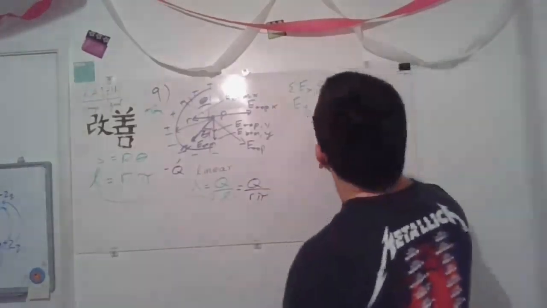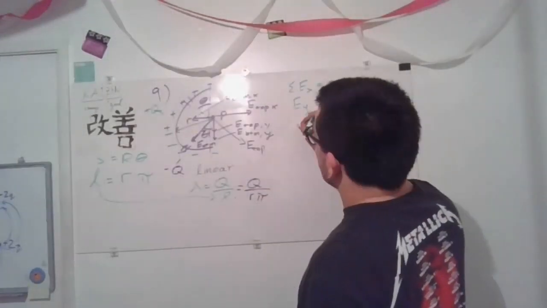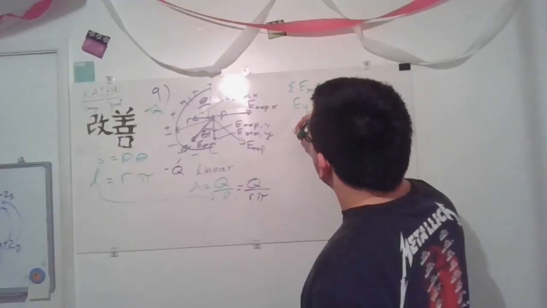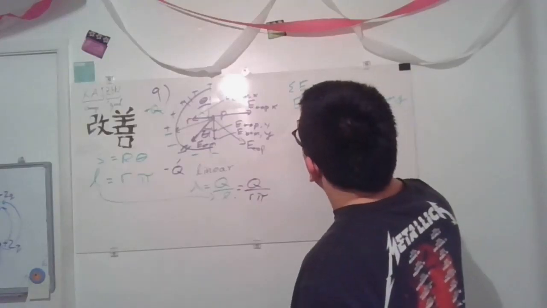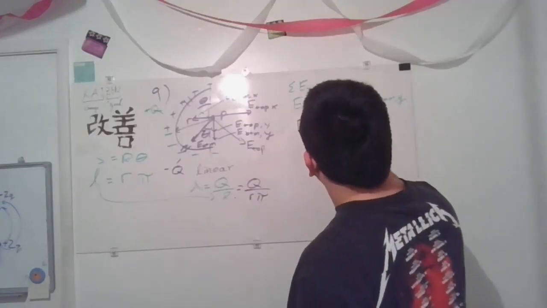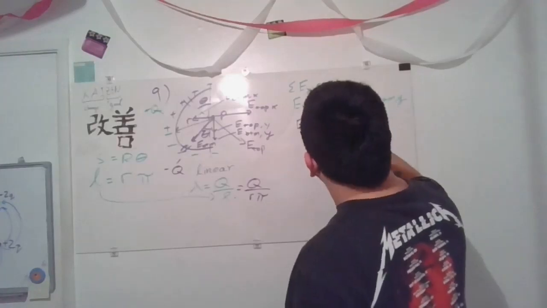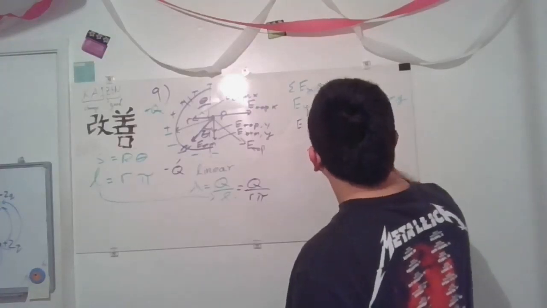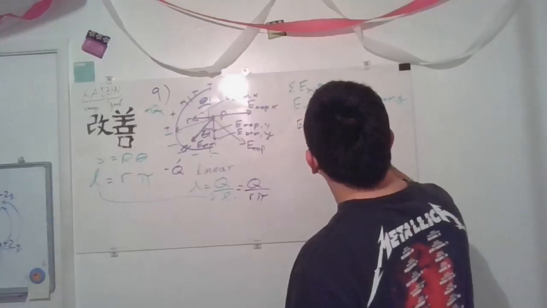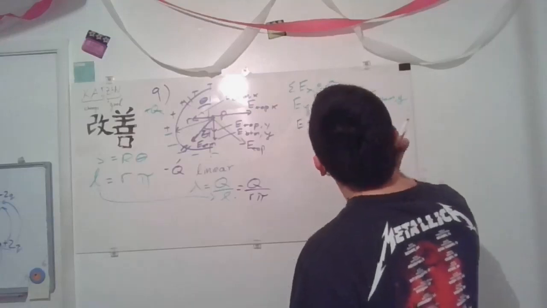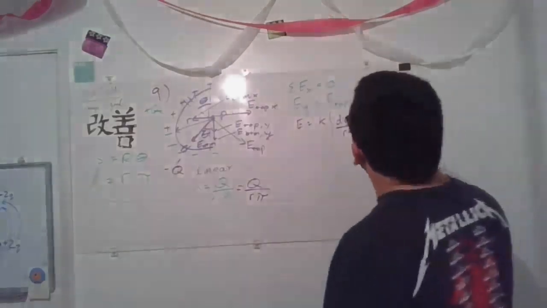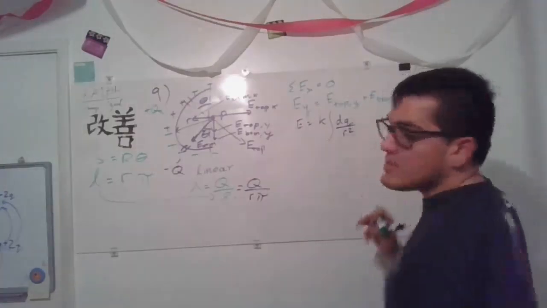So now you're going to want to just do what you know how to do, right? E is K dq over R squared, right? And what is the R?